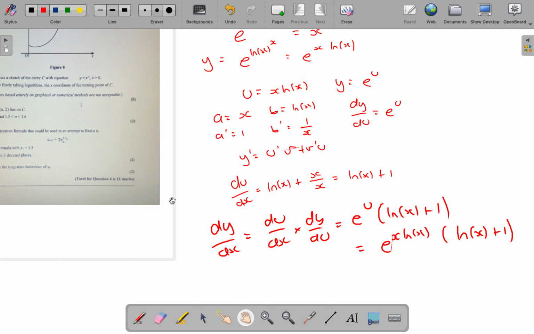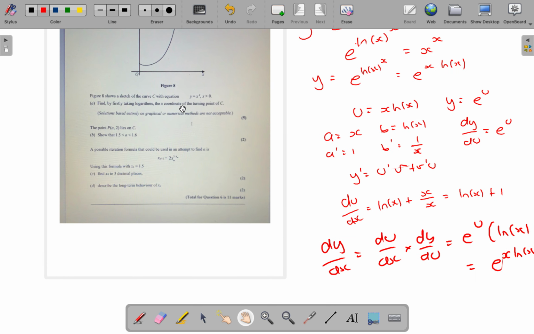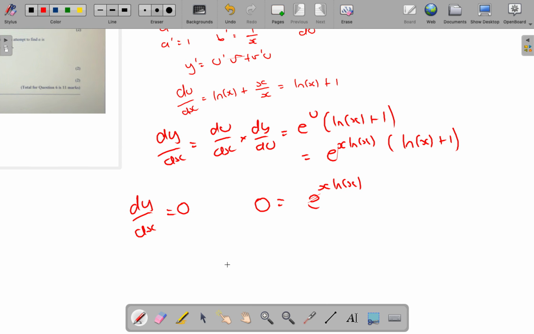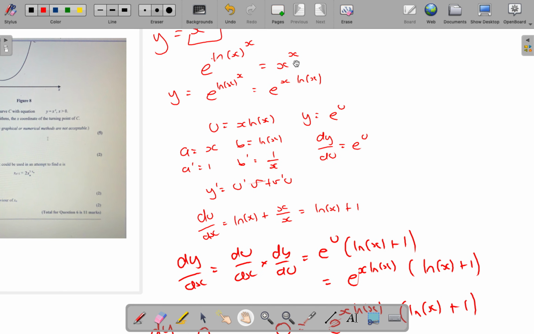Now that's when we differentiate it. The reason why we differentiate it is because we're looking for a turning point. So we know for a turning point that dy dx is equal to 0, and therefore we can solve it. So 0 is equal to e to the x ln x times ln x plus 1. Now e to the x ln x, as we stated before, is simply equal to x to the power of x.